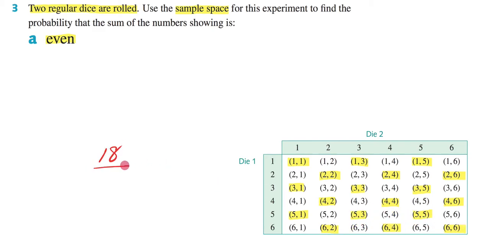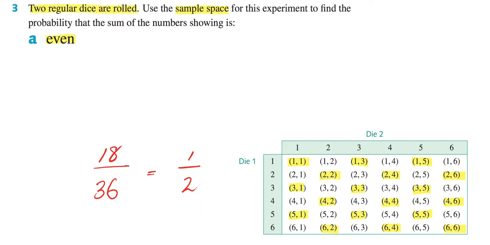I've counted 18 sums that are even. All the possible outcomes would be 6 by 6, which is 36. So my answer is going to be 1/2. And that's how you would answer the first question, by using your sample space.